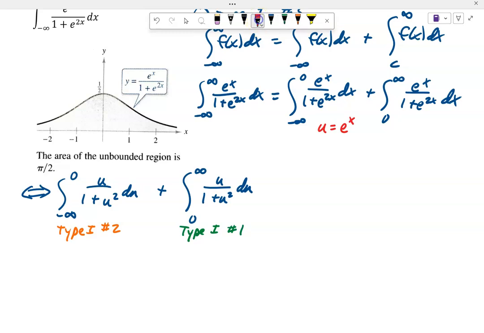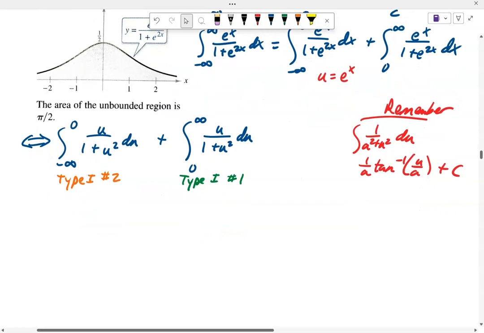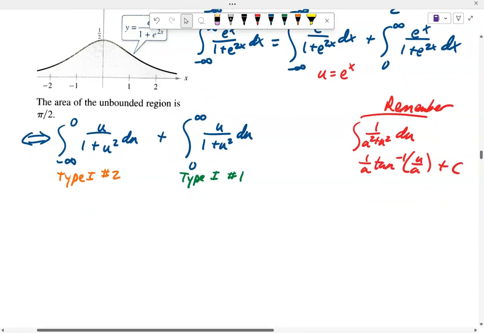And I should also note, remember that the integral of 1 over a squared plus u squared du is 1 over a arctangent u over a. So let's go ahead and apply type 1 number 2.